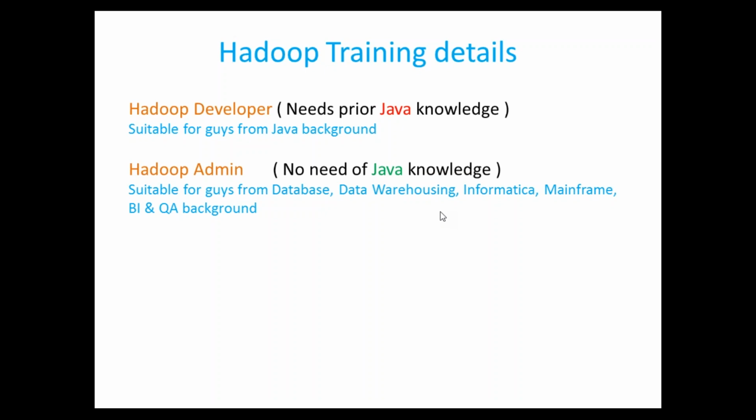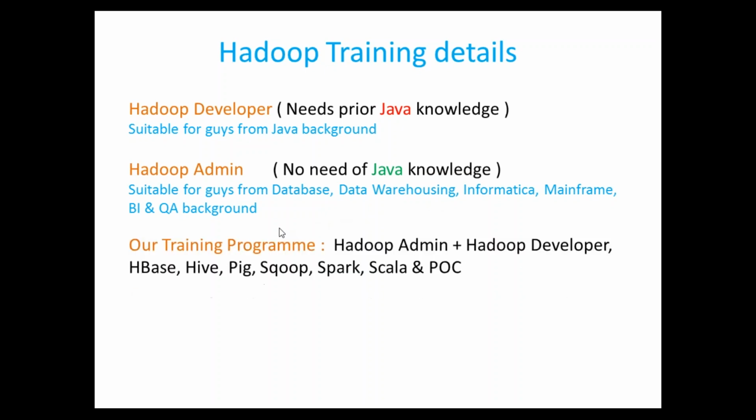Okay, thank you. Yeah. So now let's talk about which type of training I will be conducting. We'll be conducting a combined training program, Hadoop admin plus Hadoop developer plus HBase plus Hive plus Pig plus Sqoop plus Spark plus Scala and a POC, proof of concept. These things, HBase, Hive, Pig, Sqoop, Spark, Scala, POC, these are common for Hadoop admin or Hadoop developer.